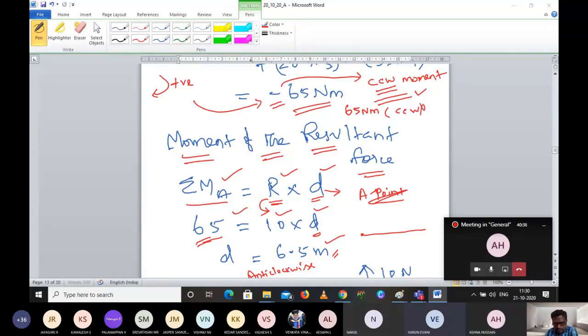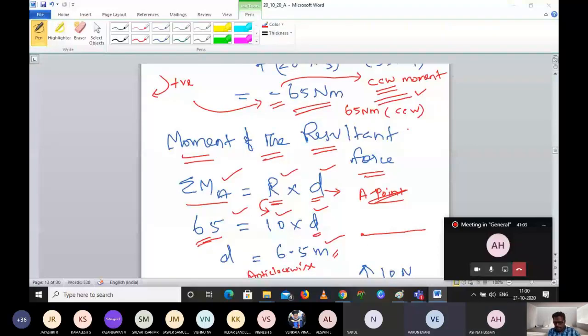So no need to take minus and all. But where you have to take positive or negative is when you are calculating the values. If you are making any mistake in that, then everything will be wrong. So that is very important. Positive is for rotation. But in the forces, when you are calculating, upward I am taking positive, downward I am taking negative. Are we clear? Yes, sir. Okay, thank you, sir.